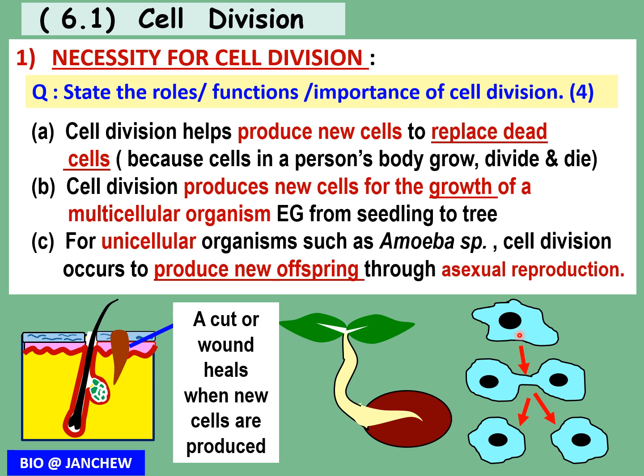So binary fission is a form of cell division, okay, where the amoeba will first allow its nucleus to undergo fission, or the nucleus will divide and then the cytoplasm will divide. Okay, and finally 2 daughter amoebae are formed. So new offspring was produced through cell division or binary fission.